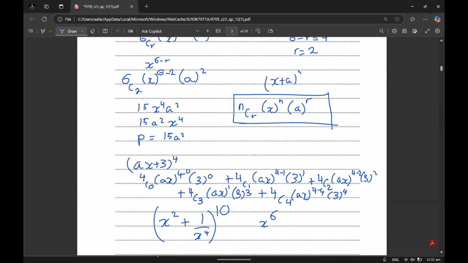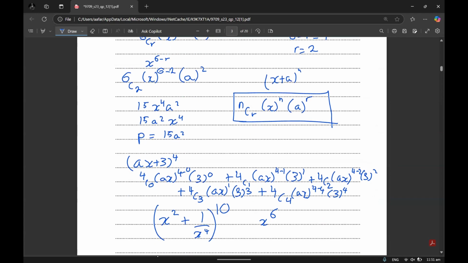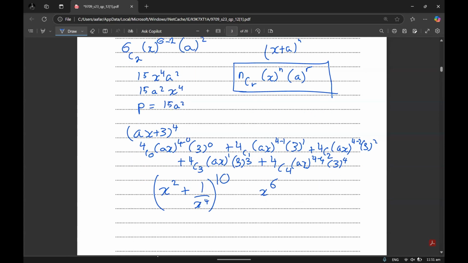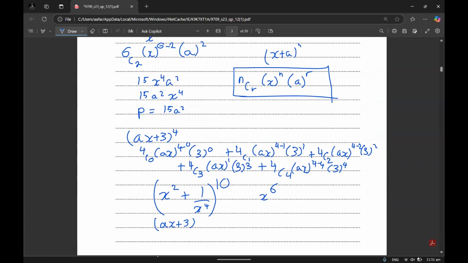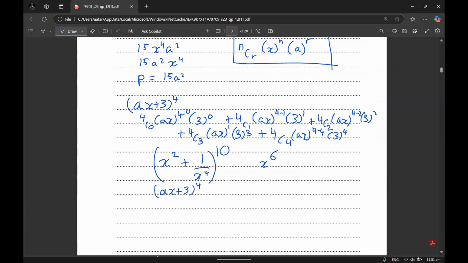So we know that since n is 10, this will be multiplied by n minus r, and this will be r. So what we do is, we say that x square will always be multiplied by power of 10 minus r. Let's take our equation over here, right? (ax plus 3) whole 4. So we know that x will always be multiplied by the power of 4 minus r, that is n.